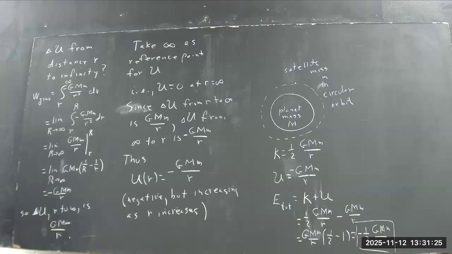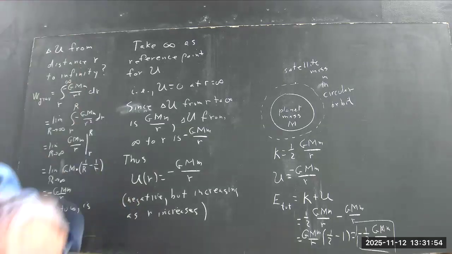And the simplest way: if you give it this much energy, then you set 1/2 mv squared equal to this, and solve for V. And you get the square root of 2 G big M over R, which compares to the square root of big G big M over R, having a 2.